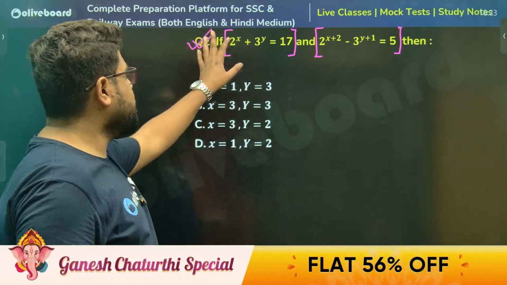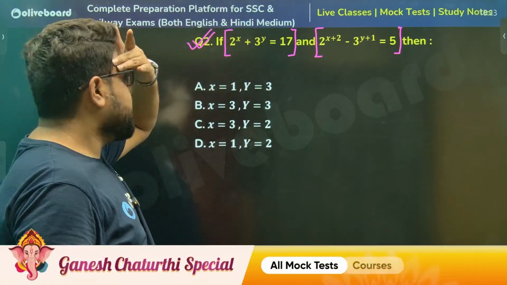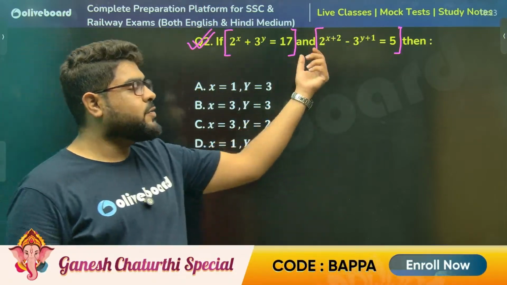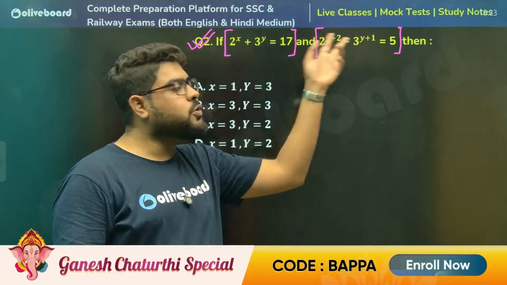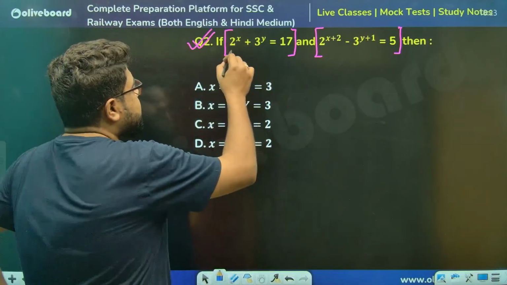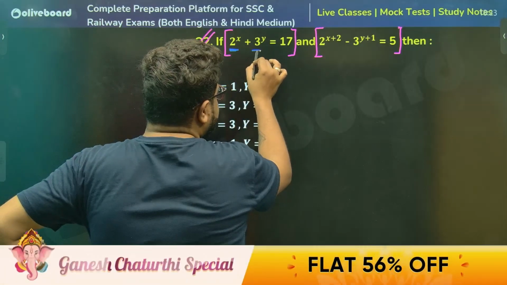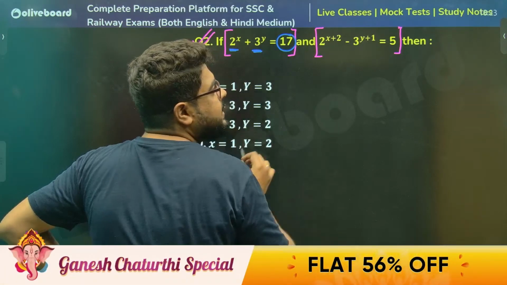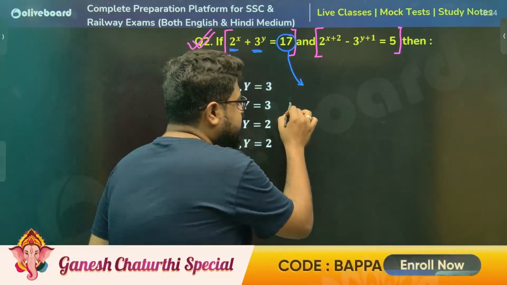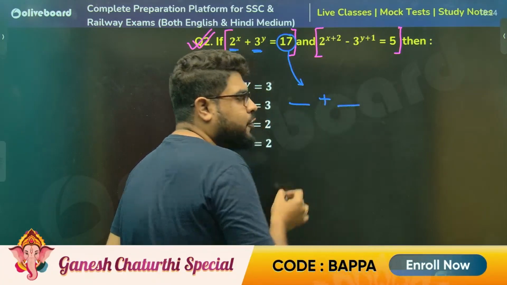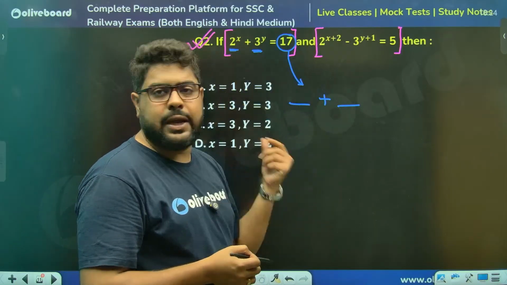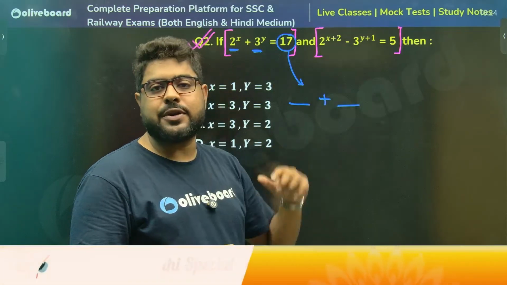Sir, 2 to the power x plus 3 to the power y. First things first, if you want to solve normally, this question will be very, very long. Two unknowns, two equations, it will be a big problem. Understand, sir: 2 to the power something plus 3 to the power something is 17. Can you write 17 as a sum of two numbers, where one is 2 to the power something and the other is 3 to the power something?